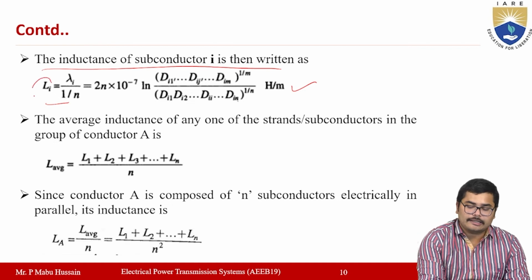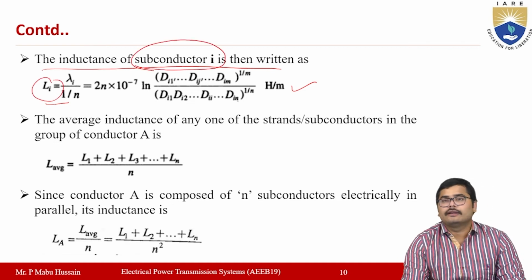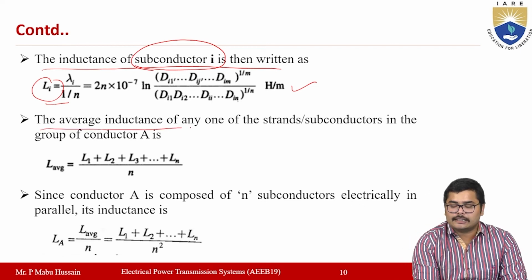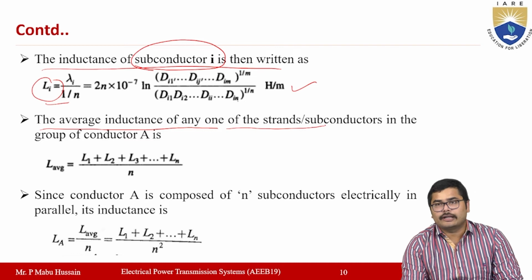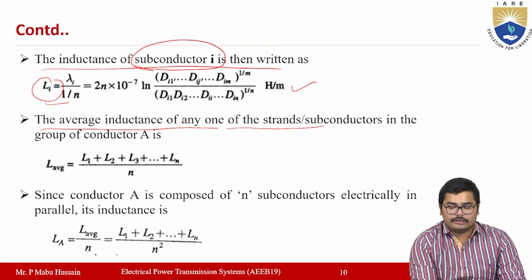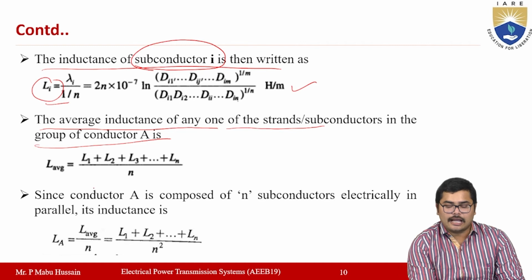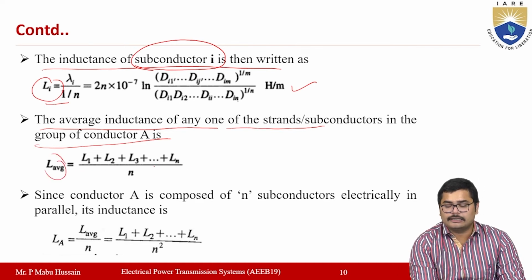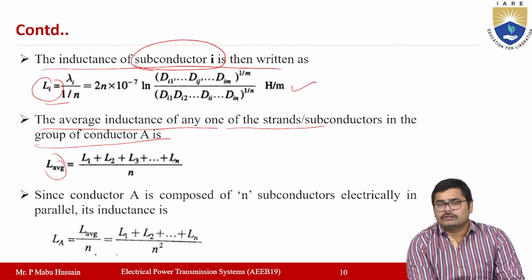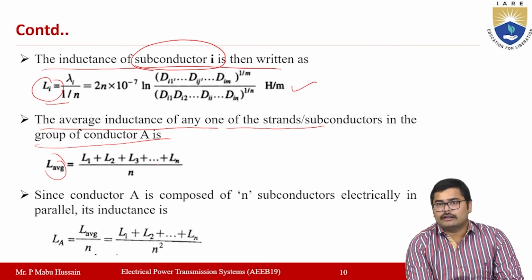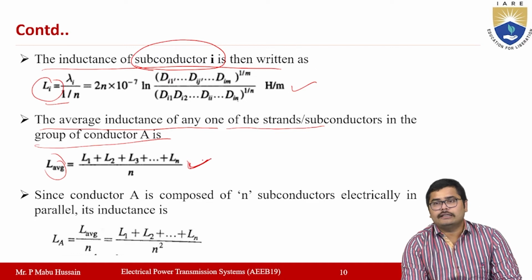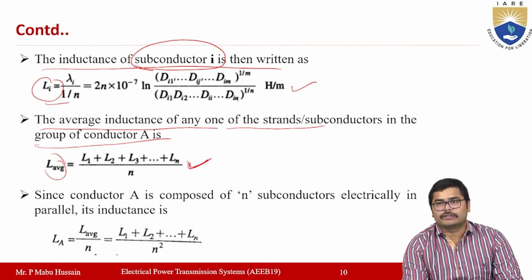This is the inductance of subconductor I in composite conductor A. Now if you find the average inductance of any one subconductor in the group of conductors, the average inductance is the sum of all the inductances, L1 plus L2 plus L3 and so on Ln, divided by the total number of conductors n. So this is the average inductance of one subconductor in composite conductor A.